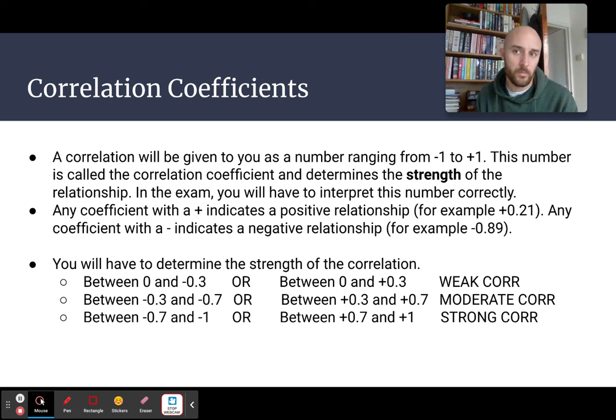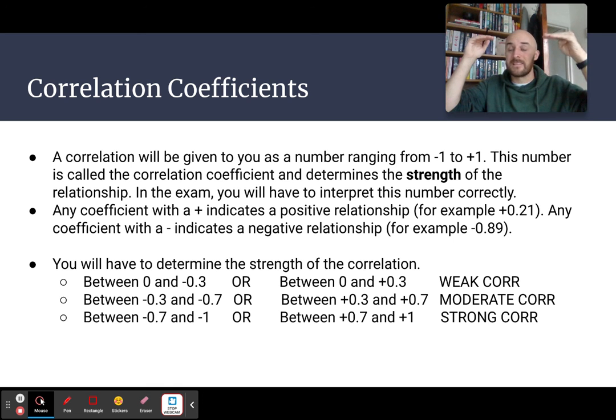I should say, by the way, what does a +1 correlation mean? They're perfectly correlated. A +1, which is incredibly rare, by the way, is essentially when one variable goes up, the other variable goes up by exactly the same amount.